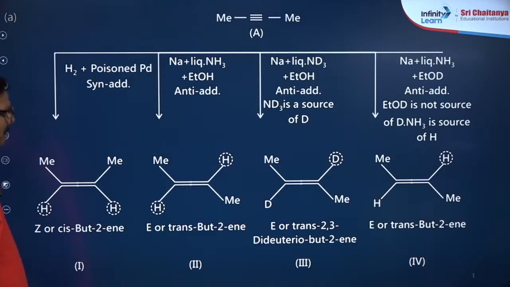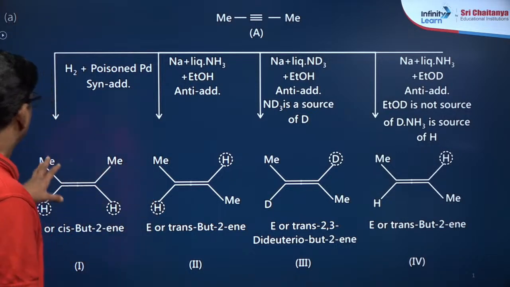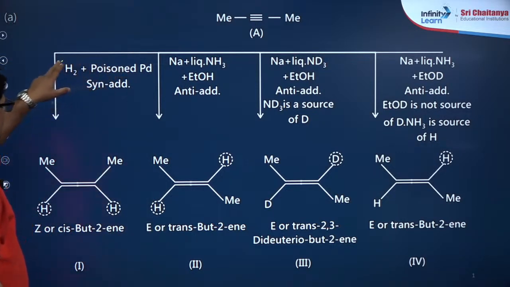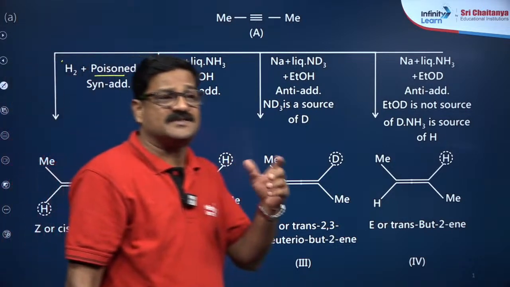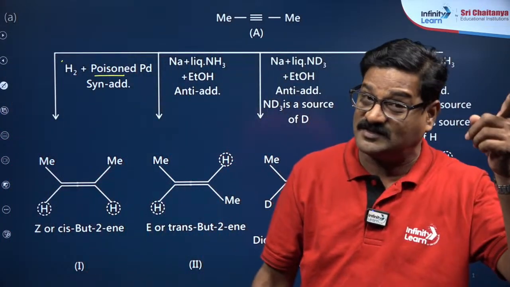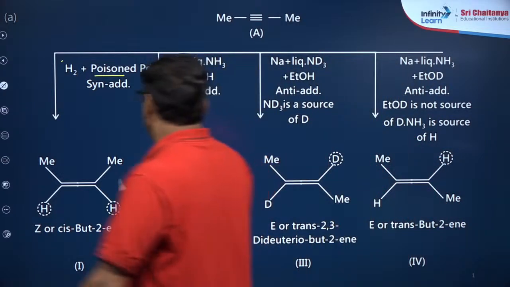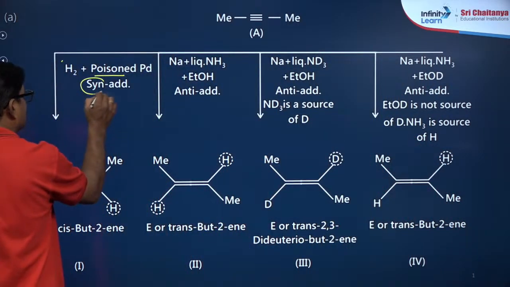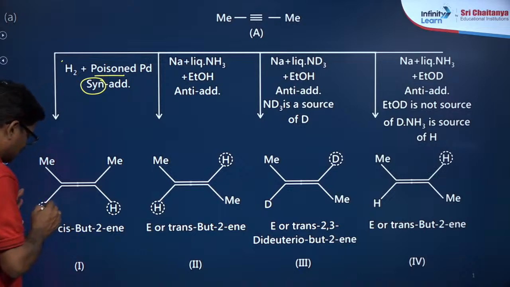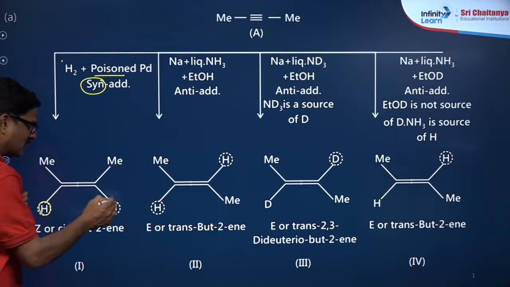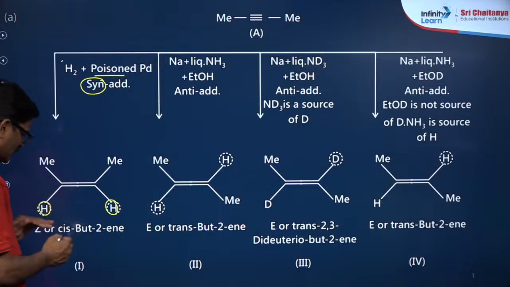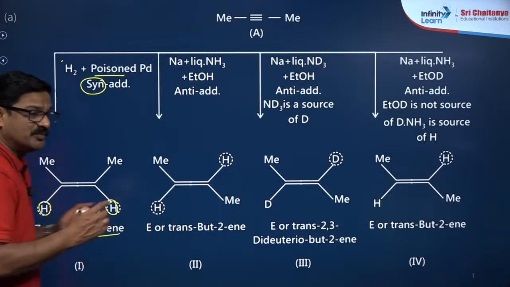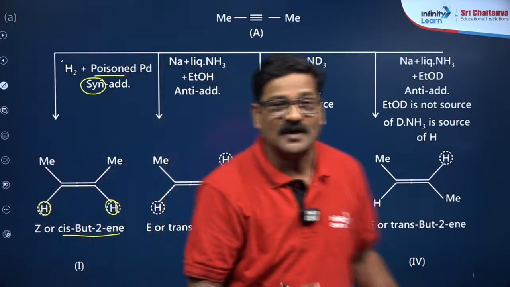So if you see different versions, the answer: when H2 and Pd poisoned with barium sulfate or calcium carbonate, that is Lindlar catalyst, it is going to be a syn addition. Because of syn addition, hydrogen comes on the one side of the triple bond, so that the double bond has cis-but-2-ene.